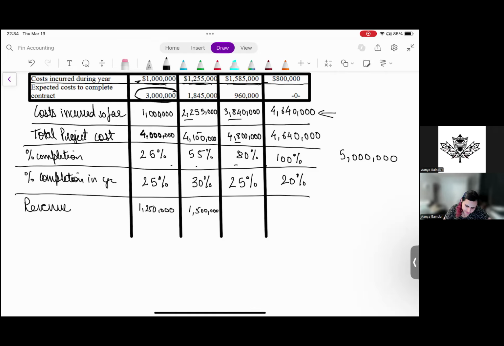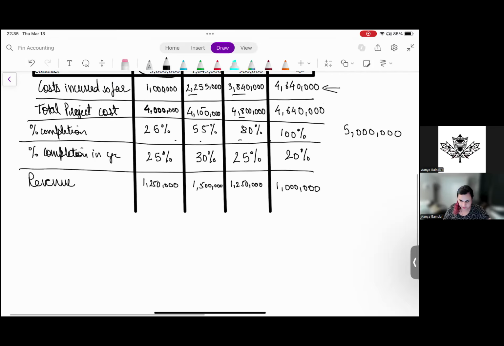Next, you take 25% of that, which is again 1,250,000. And lastly, you take 20% of that amount, and that gives you 1 million.